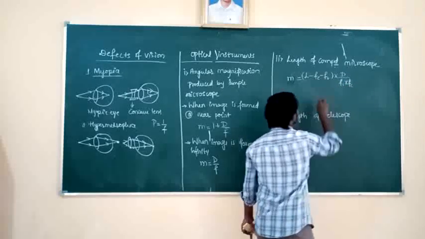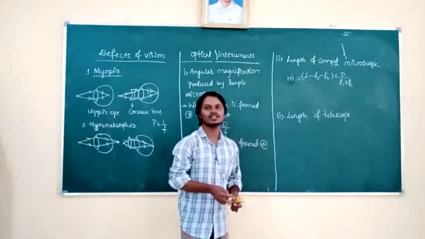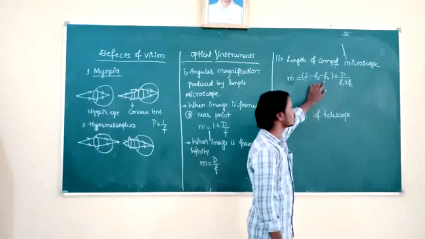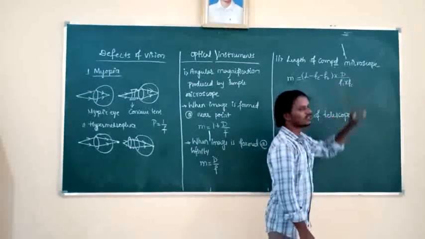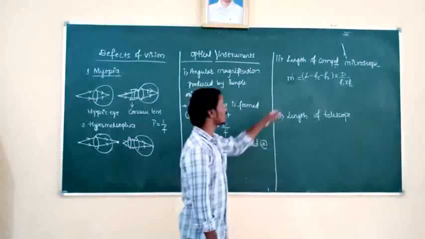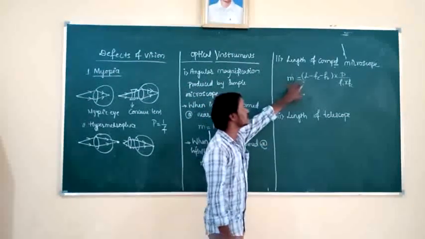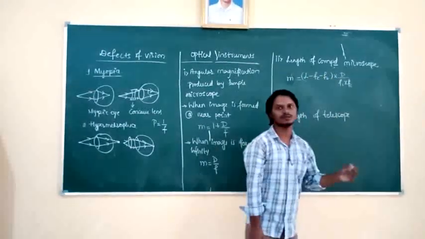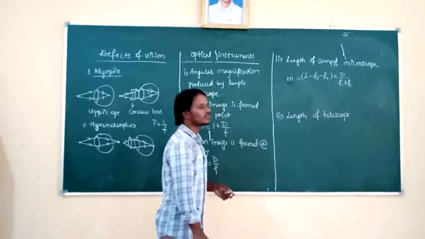What is Fe here? Fe is the focal length of the eyepiece. Fo is the focal length of the objective lens, and D is the least distance of distinct vision. This is the formula used to find the length of the compound microscope.